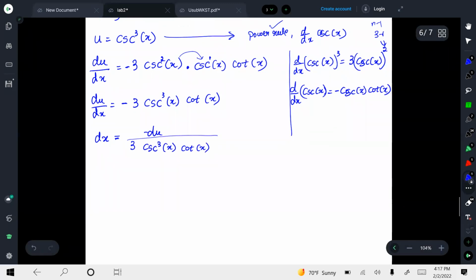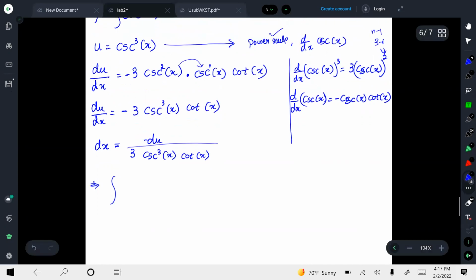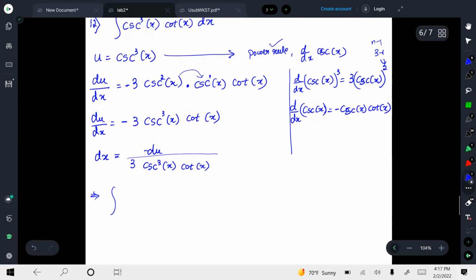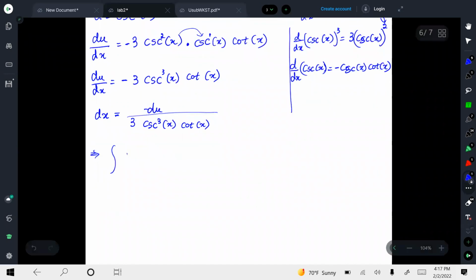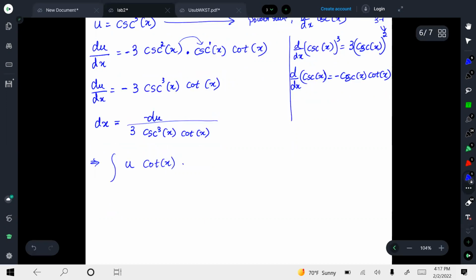Now you're going to apply this in the problem. So cosecant cube of x is u, and cot of x, I do not have anything for cot of x. Now this is minus du divided by 3 cosecant cube of x into cot of x.